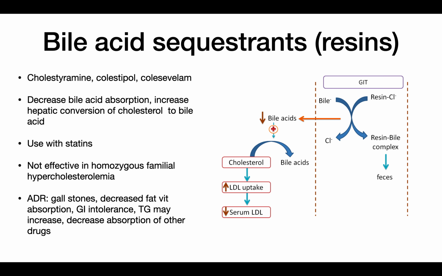So the bile acid sequestrants are going to be your resins. So first were your statins, now is your resins, and these are going to be cholestyramine and colesevelam. It decreases the bile acid absorption and increases the hepatic conversion of cholesterol to bile acid. So without the bile acid absorption, you need to make more.